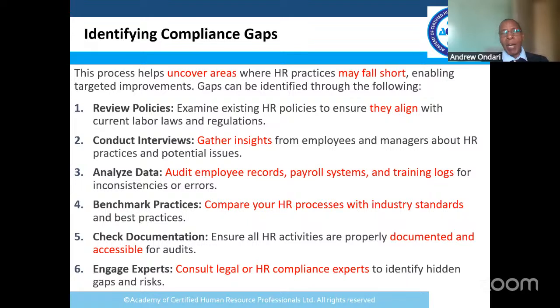And I am happy we are attending this course because it's about audit. We are going to audit our policies to ensure that they are compliant. So when you audit policies, you identify gaps, and from those gaps, we can take remedial or corrective measures.